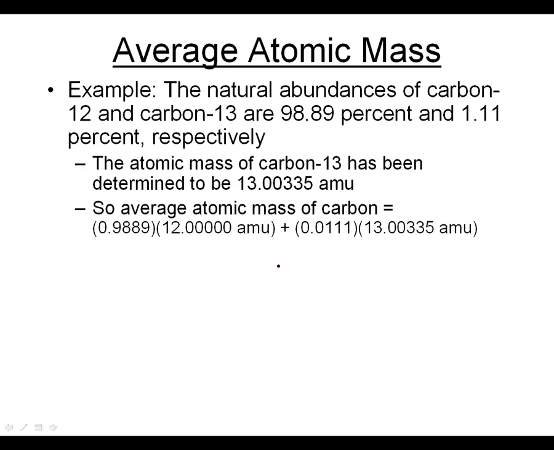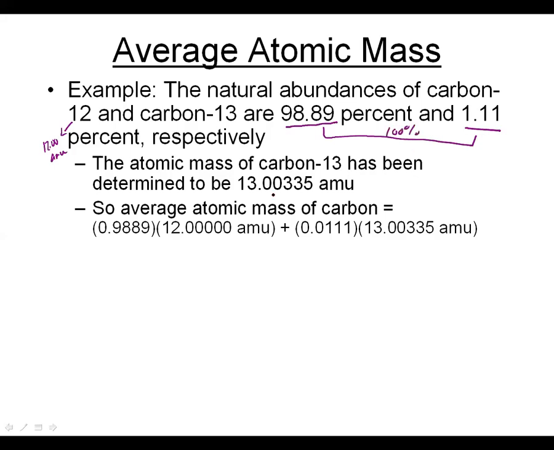So if we take our carbon, and what we see here is carbon-12, which has a mass of 12.00 AMU. Occurs about 98.89% of the time, while carbon-13 occurs about 1.11% of the time. And if you add up these two percentages, it equals 100% of all the naturally occurring isotopes.